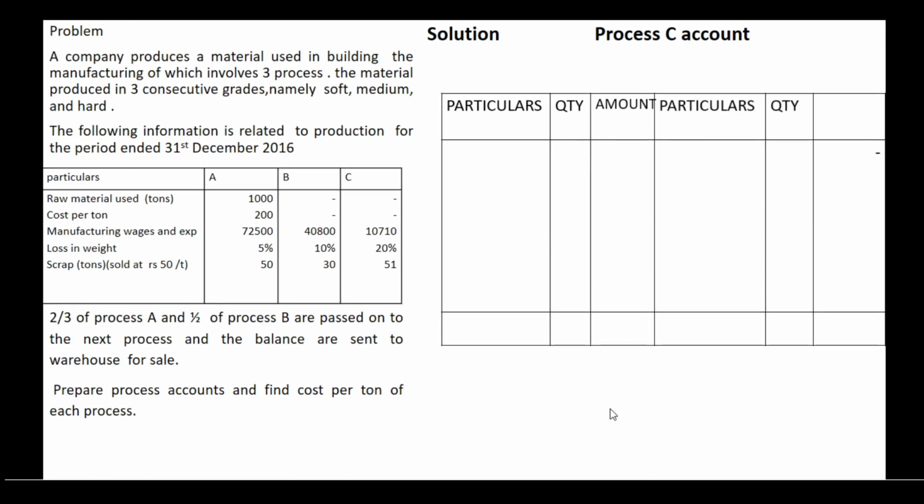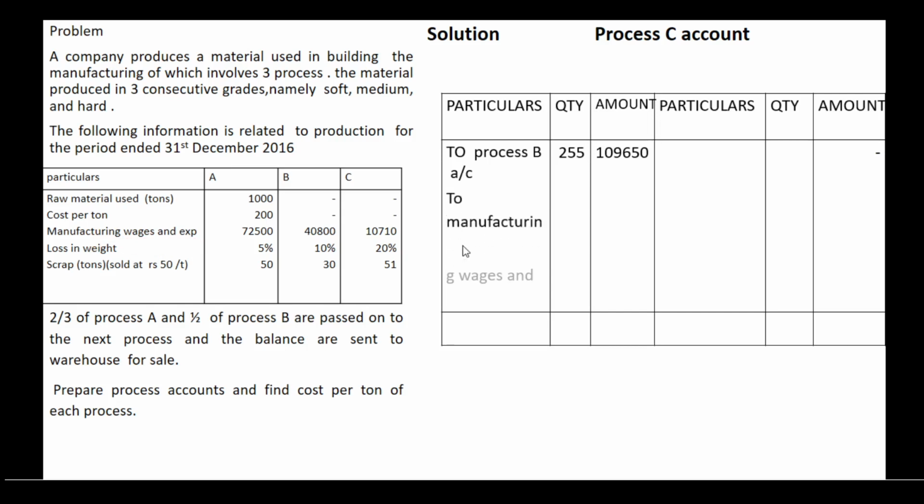First here we enter the transfer from process B. Whatever we mentioned in the process B account as process C, we have to transfer here. That is, to process B account, quantity 255, amount 1,09,650.